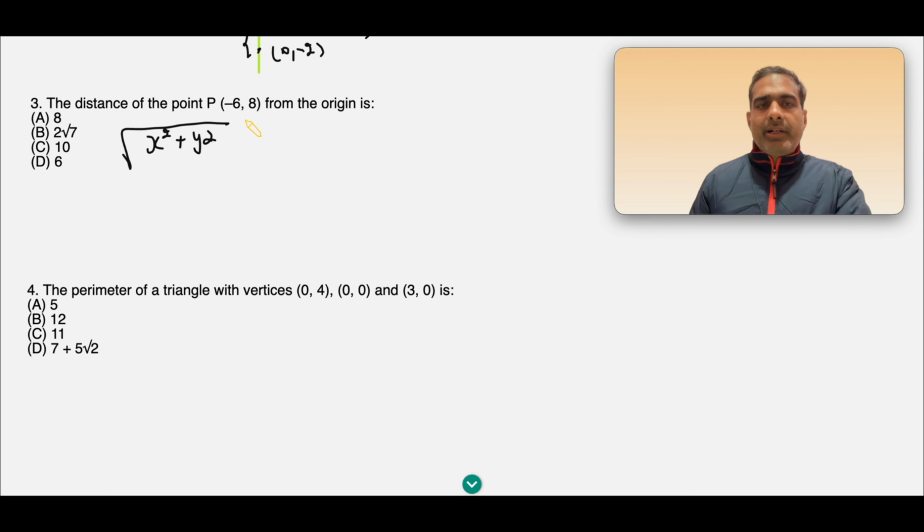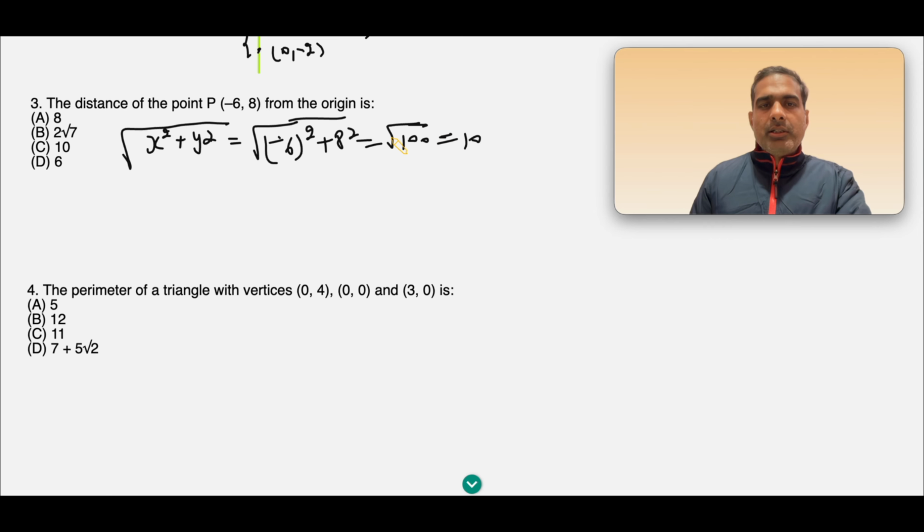So we have to find the hypotenuse of a right angle triangle whose base and altitude are 6 and 8, because the distance will always be positive. It doesn't matter whether it is -6 or +6, because its square will remain positive. So the distance is the square root of (-6) square plus 8 square, that is the square root of 100, and that is 10.